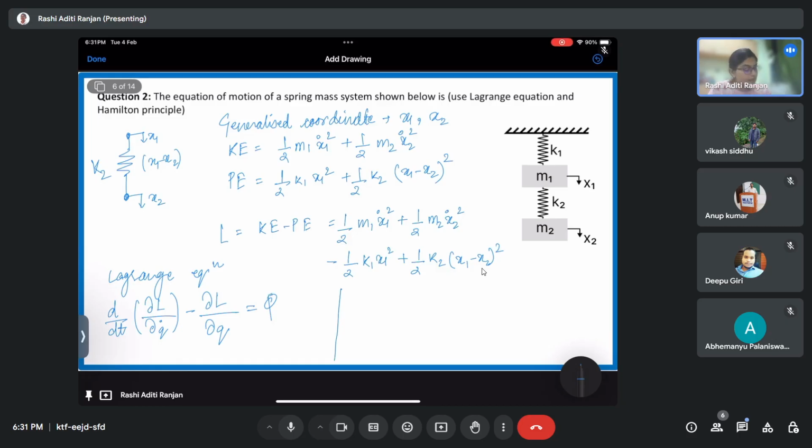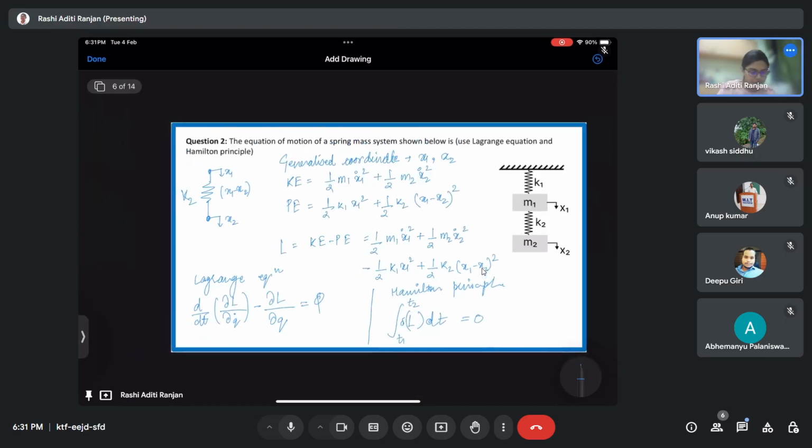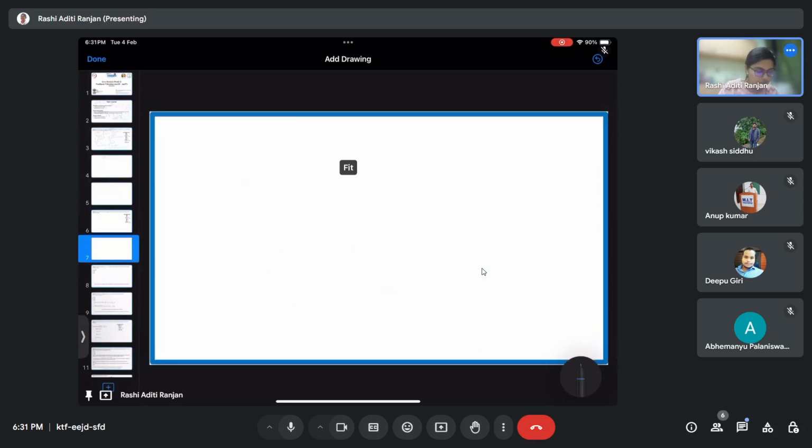While what does my Hamilton principle say? It says that the integration of delta Lagrange with respect to time dt from t1 to t2 is equal to 0. Okay, minimum action rule. Okay, so we'll first use the Lagrange equation.